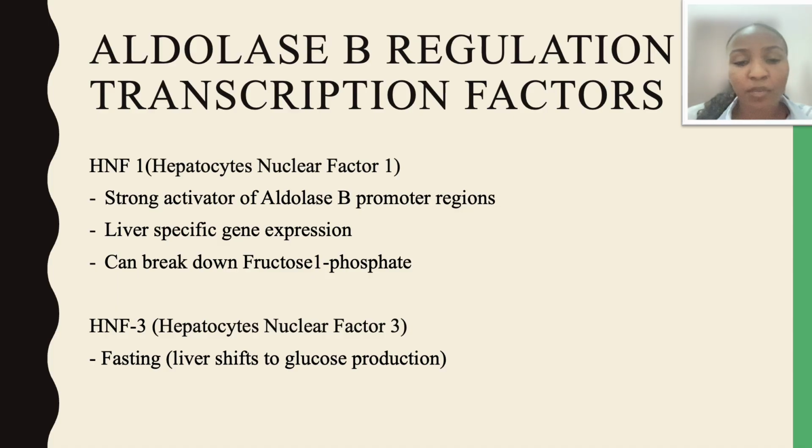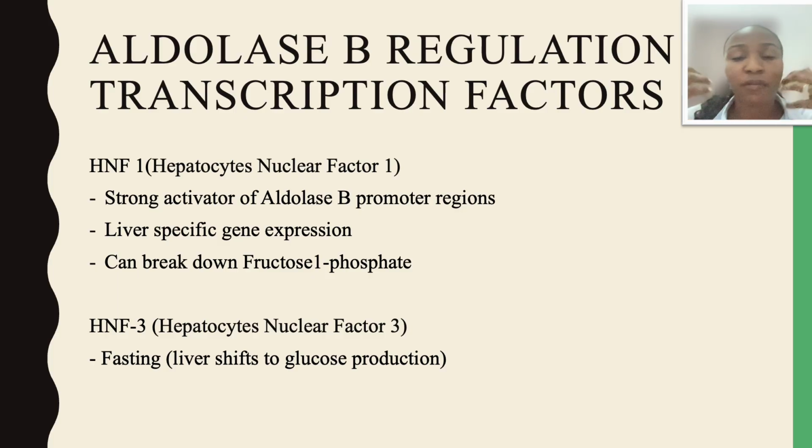Now, because of that, there can be a cascade of events that can be harmful to the cell. If there's not enough aldolase B expression, then we can conclude that there won't be a way to break down fructose 1-phosphate. And what does this have to do with anything? Because fructose 1-phosphate is not mentioned in glycolysis nor in gluconeogenesis, but it's important in the liver. In the liver, we find fructose 1-phosphate. However, aldolase B is the only enzyme that can break it down.